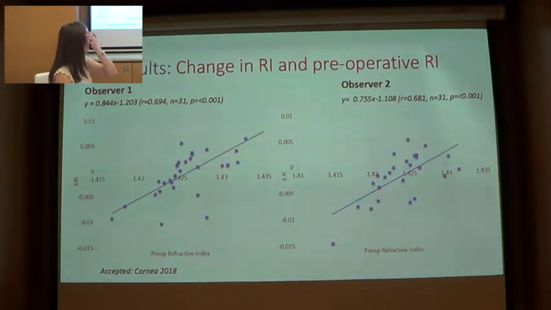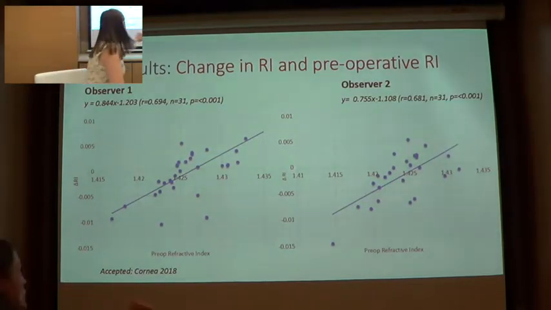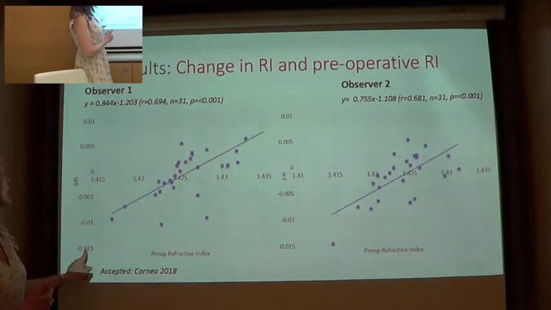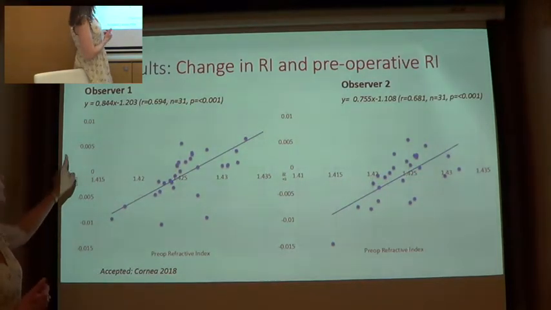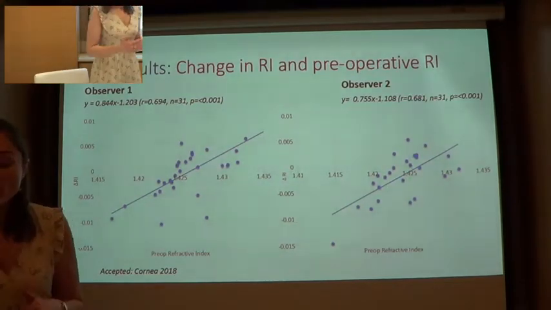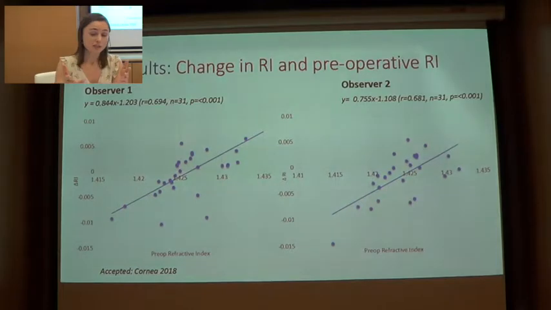And also we can see that the change in refractive index was between these 2 points, between minus 0.015 and plus 0.205. And this also could have an impact on the refraction after the operation. But by how much?